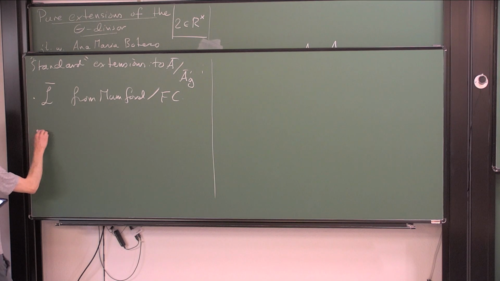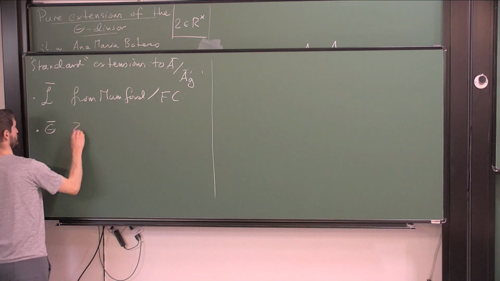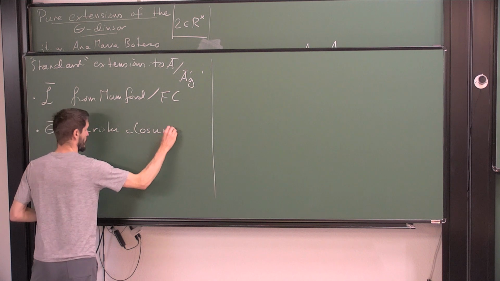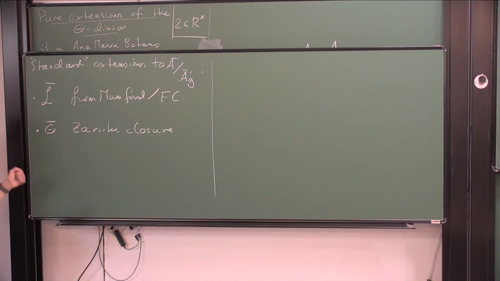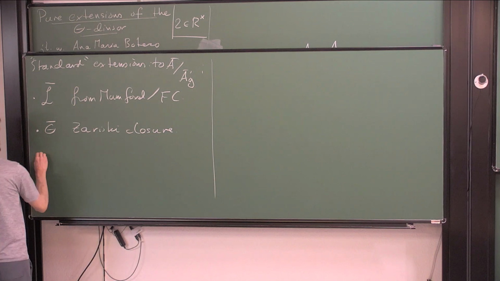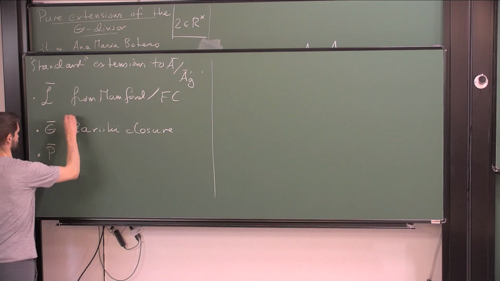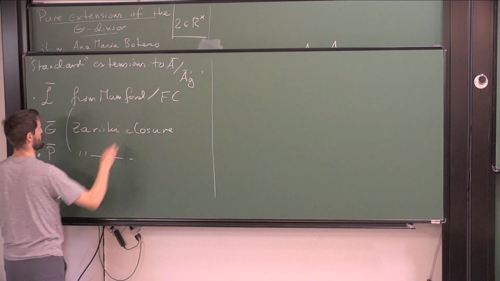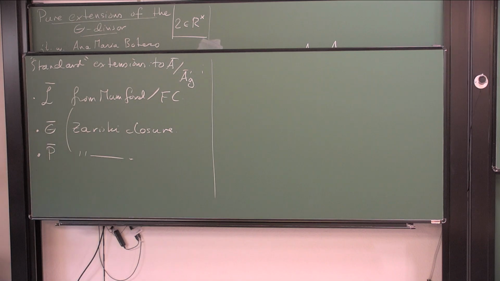The theta divisor is more satisfying. You can just take the Zariski closure. This is part of the reason I wanted to have an actual theta divisor rather than just a class, because the Zariski closure is then a thing that makes sense. And the Poincare bundle, there's, again, theta of that line. From Mumford, Faltings-Chai, they will tell you how to extend this Poincare bundle.